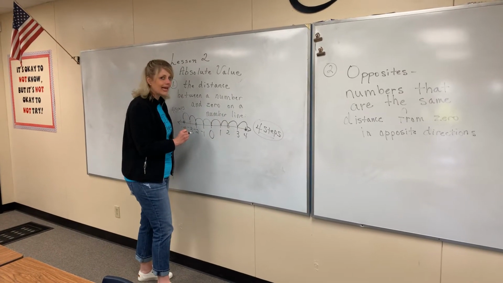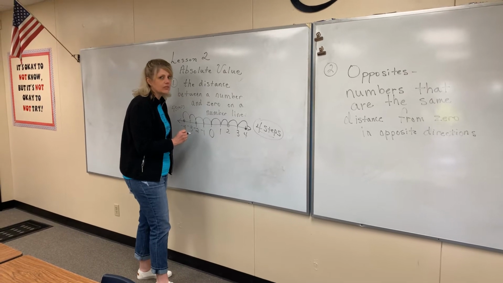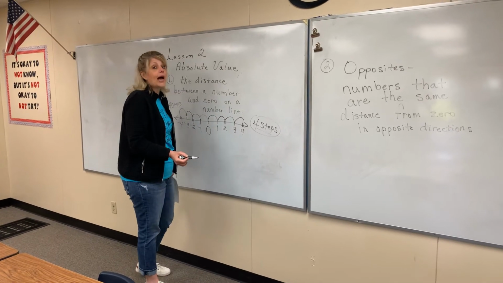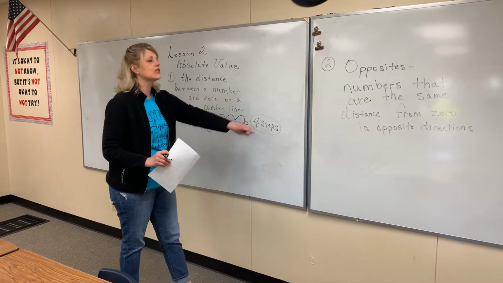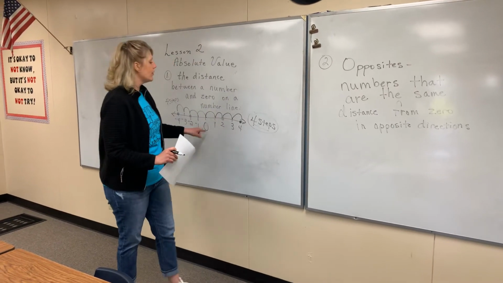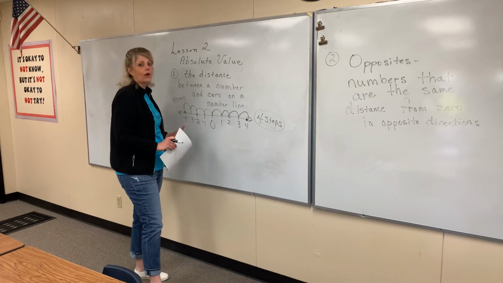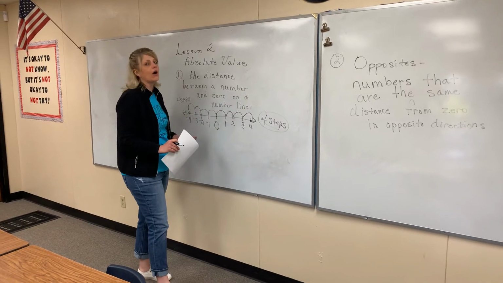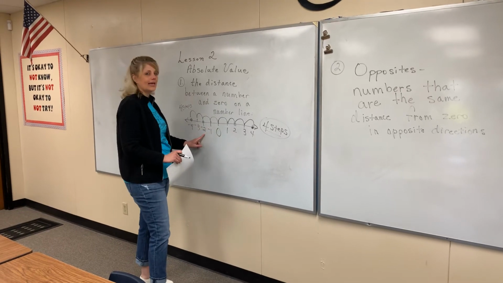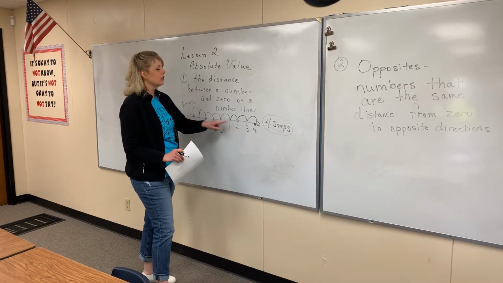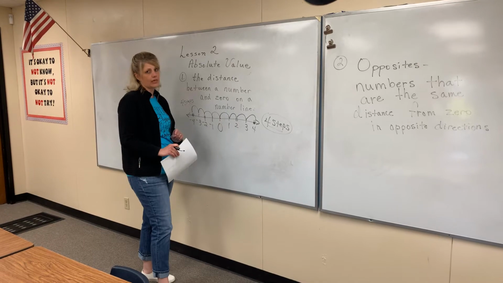You don't say, I'm negative 2 steps. You just simply say, I'm 2 steps from 0. Okay? So that's what I mean when I talk about opposites. Whether you're at 4 or negative 4, either way, you are 4 steps from 0. If you're at 2 or a negative 2, you are still 2 steps from 0.